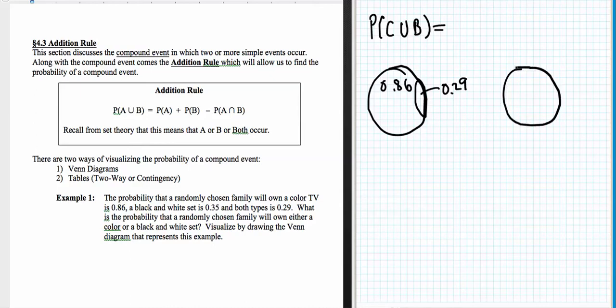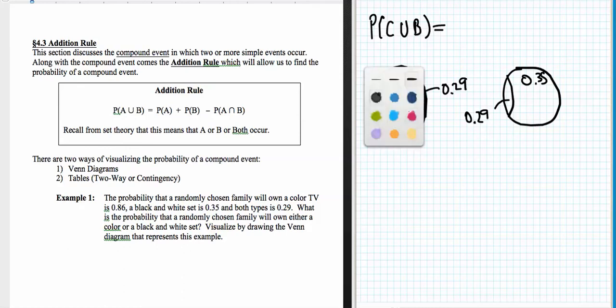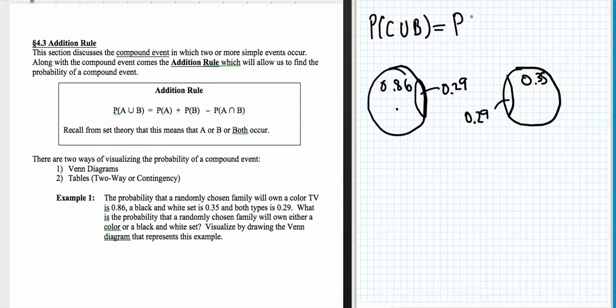When we were talking about this set over here having the 0.35, we were also talking about those that had the 0.29 in it. And so we included 0.29 in both this set and this set over here, which means that we have to uncount it one time. So the addition rule looks like the probability of C plus the probability of B. Right?